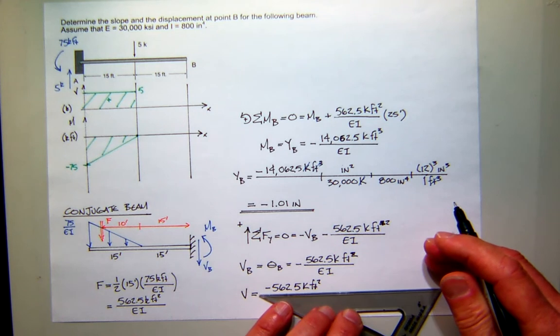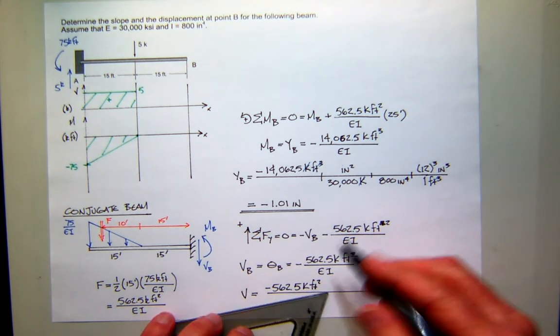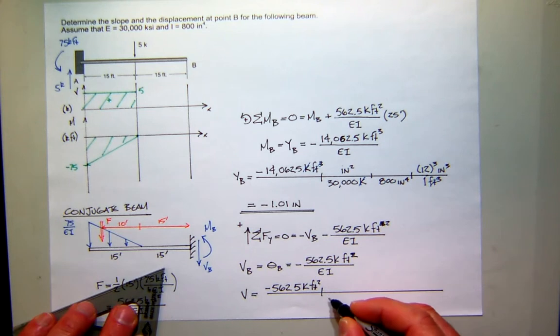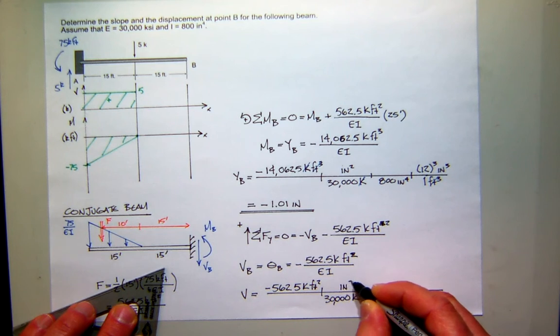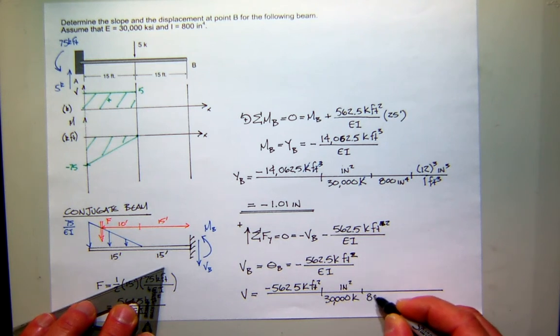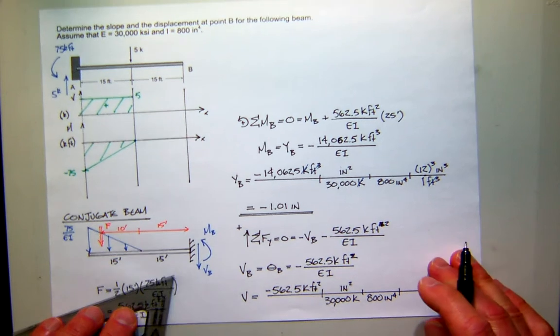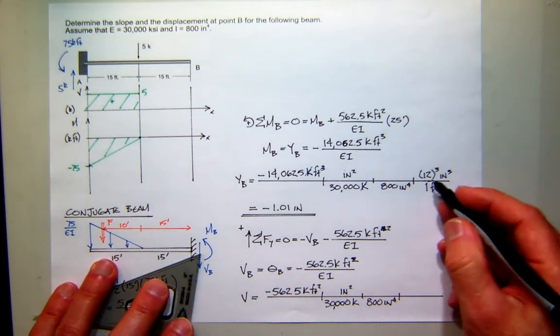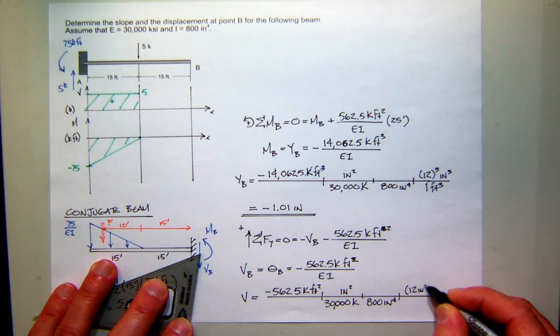I'll draw my line to help me keep track of all my units. So again, I'll divide that by 30,000 kips per inch squared and 800 inches to the fourth. And I'll have my same conversion as the previous one. 12 inches cubed is a foot cubed.